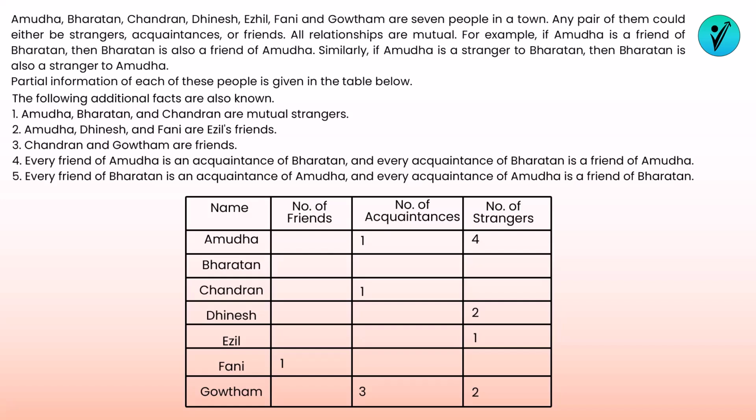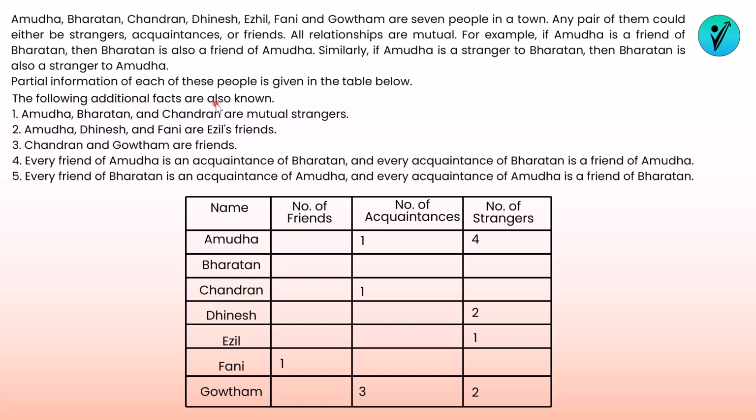If A and C are friends, then C and A are also friends. And on similar basis, if D and F are strangers, then F and D are also strangers. It cannot be a one-way relationship, is what they're trying to tell us. Partial information of each of these people is given in the table below.